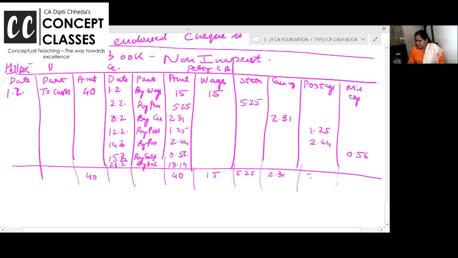Postage का total कितना आ रहा है? 3.69 and 0.56. Anyone is having any doubt? पूछो, or at least send me a message, all clear.